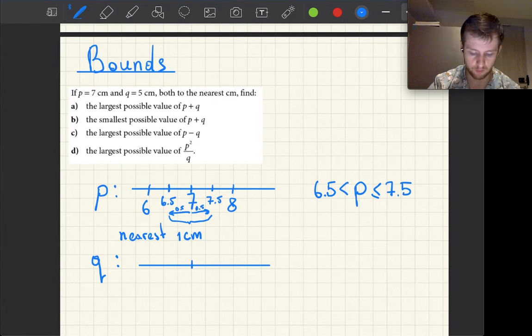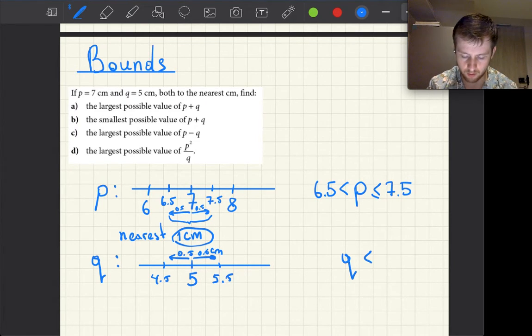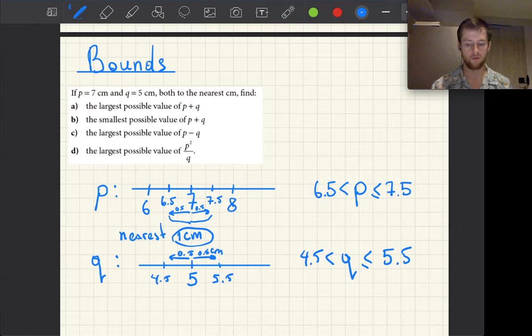So Q is, of course, we start at 5, and if it's nearest centimeter again, we go half a centimeter in this direction, and we arrive at 4.5, and we go half a centimeter in another direction, we will arrive at 5.5. So Q is between 5.5 and 4.5, in fact.